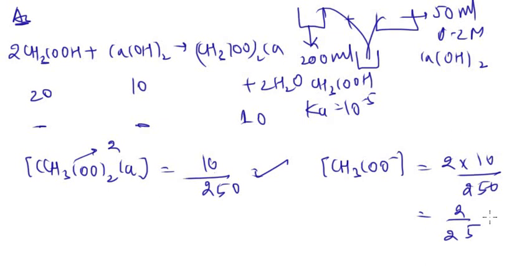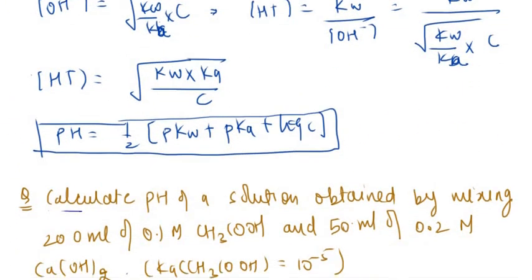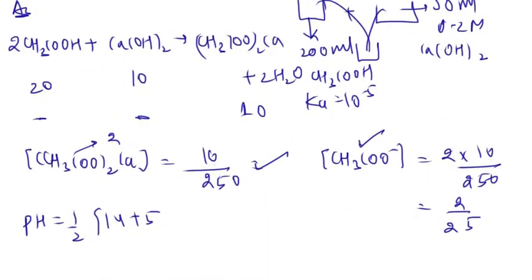Now it is a question of salt hydrolysis whose salt concentration is given to us, so we can directly use the formula we derived: pH equals 1 by 2 of pKw plus pKa plus log C. Here pKw is 14, pKa is 5, and log C is log 2 over 25. So we can solve this and calculate the pH of the solution.